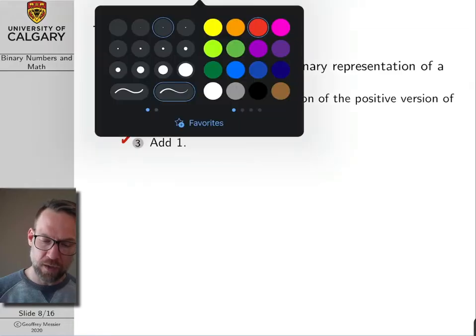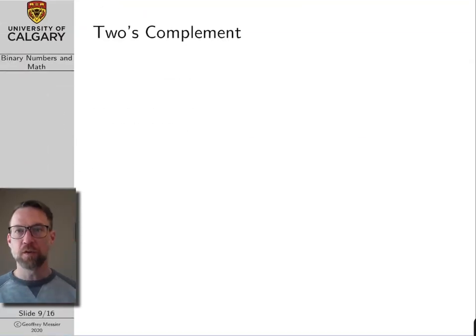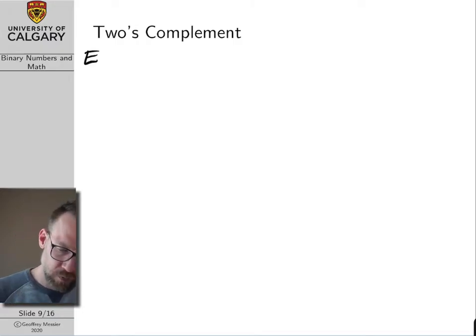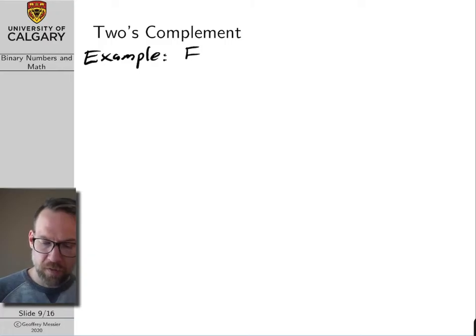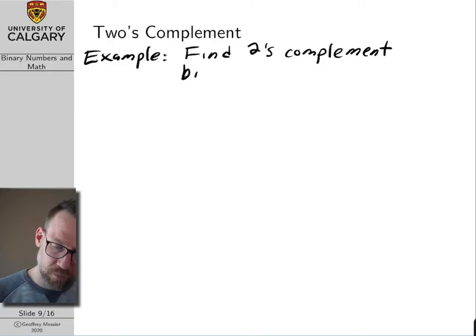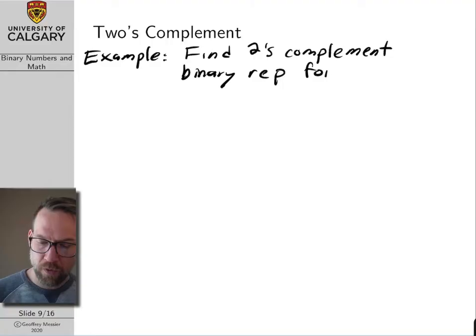And so let's do a quick example of what this looks like. So let's say we want to find the 2's complement binary representation for -3.